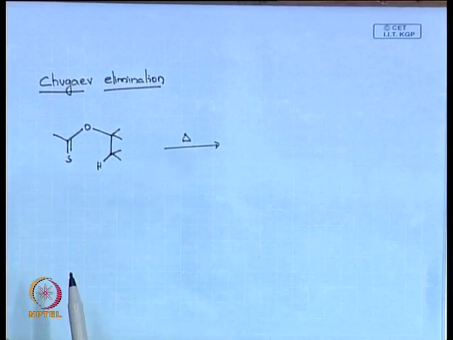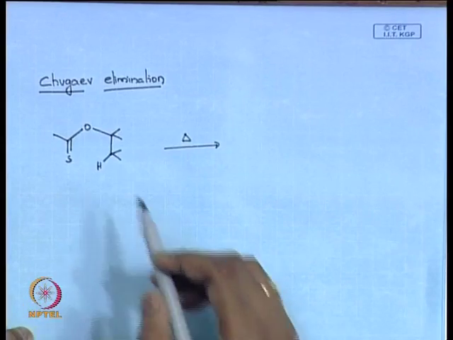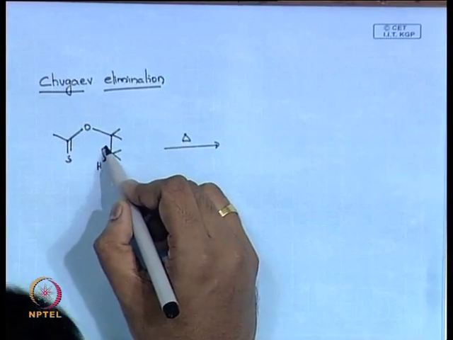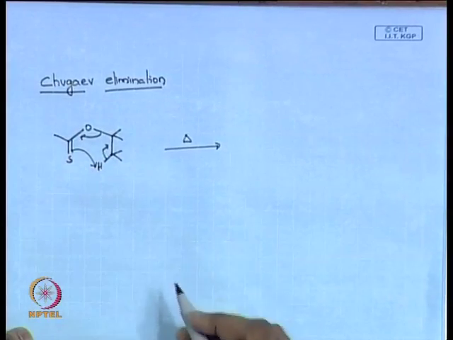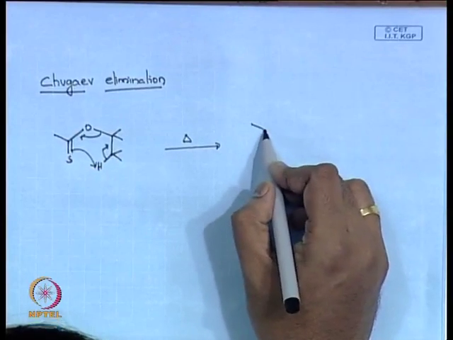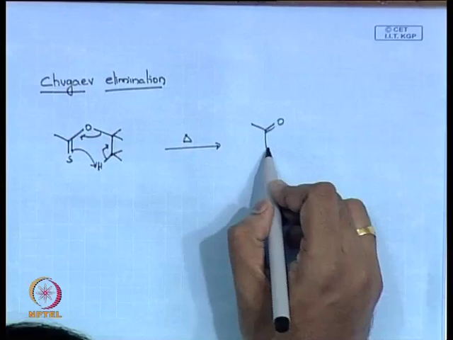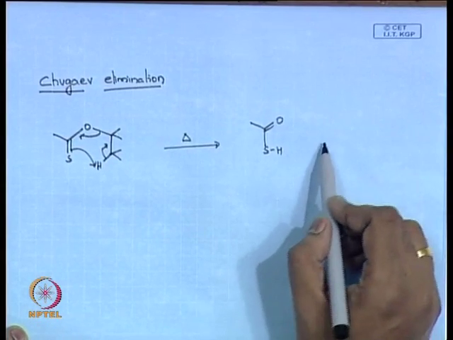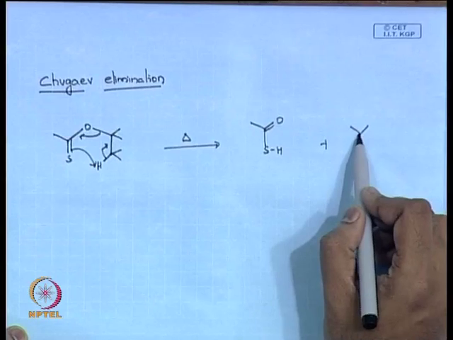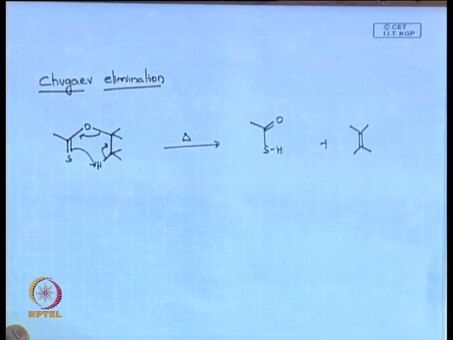Your ester pyrolysis, thioester pyrolysis, that is Chugaev elimination, is nothing but an ene reaction. The mechanism, you can think about the same way as in the earlier case. So, you end up with your thioacid. In the previous case, you ended up with a carboxylic acid. In this case, you end up with your thioacid and your alkene.